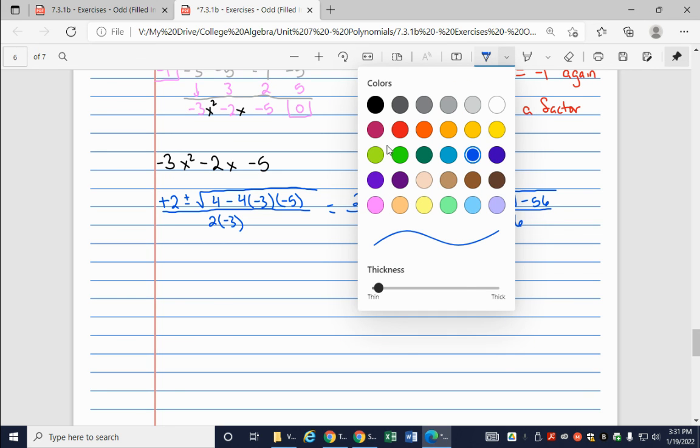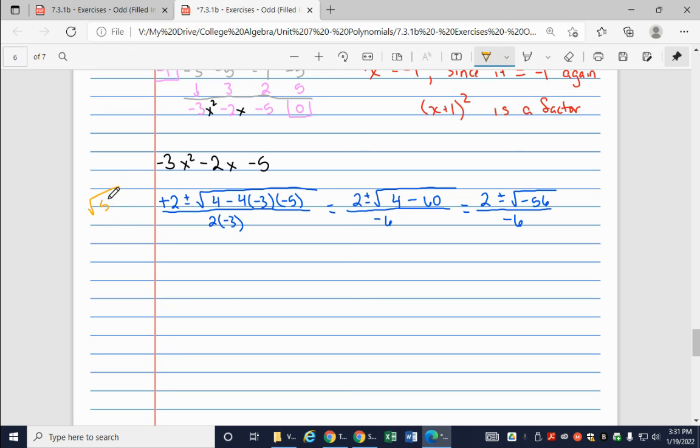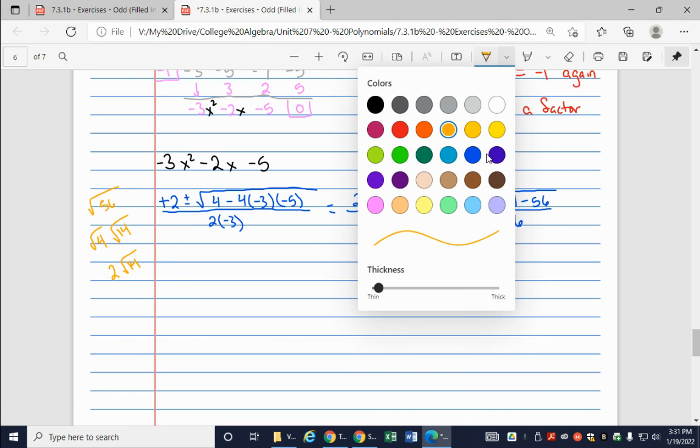Square root of 56, I'm going to come over here and do the square root of 56. 56 is divisible by 4. 4 times 13 is 52, so 56 would be 14. So that's 2 square roots of 14.